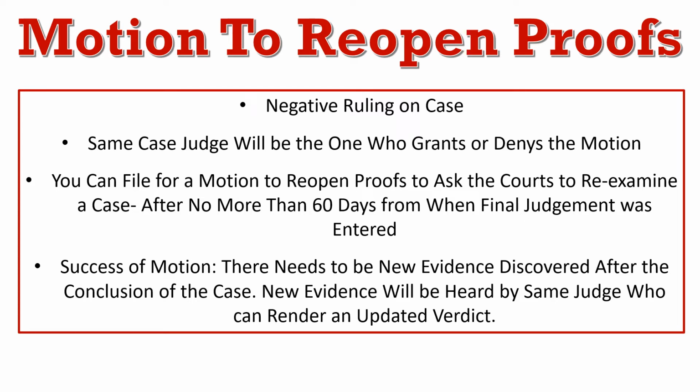So basically what they're wanting to have done with this motion is they want the judge to relook at everything and say, okay, I'm going to update this verdict, and I am going to say that the original verdict was wrong that came from the jury.